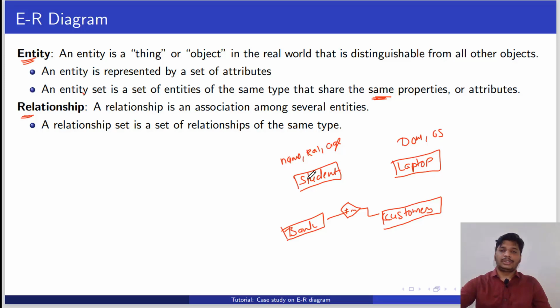Similarly, the relationship between the student and the laptop is, suppose, purchasing. It means a student can purchase many laptops, so there is a many to many relationship. We will see this mapping cardinality and these symbols later.